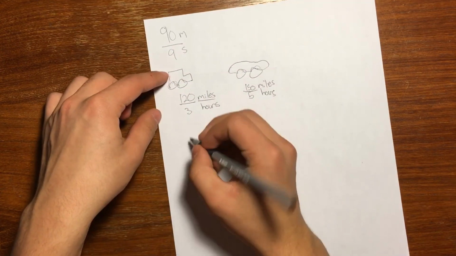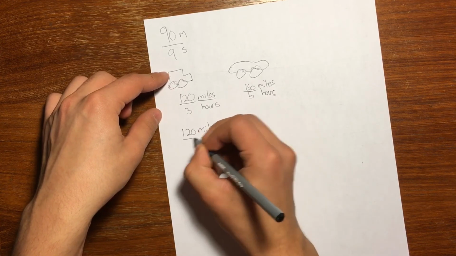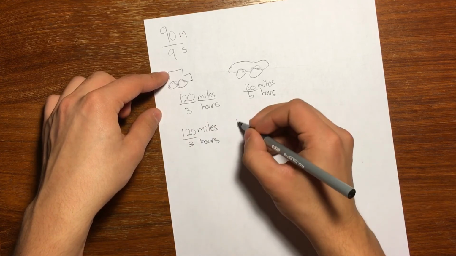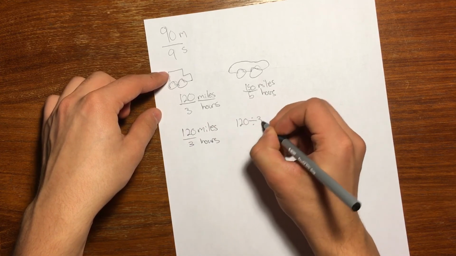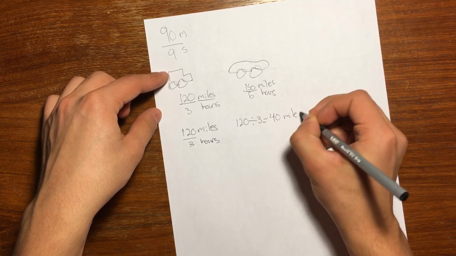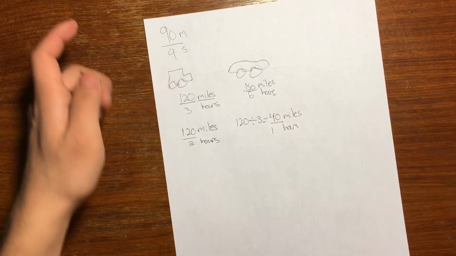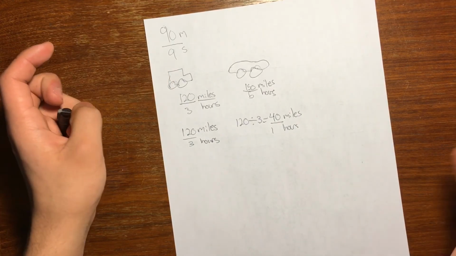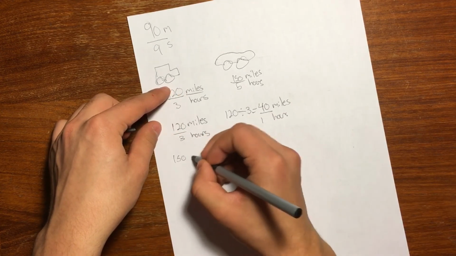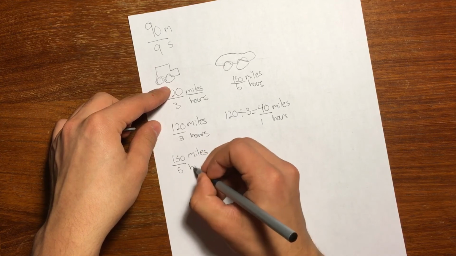So here you have the 120 miles, 3 hours. You would divide 120 by 3, which would equal 40 miles per 1 hour. So that would be your new rate. And then the next one would be 150 miles per 5 hours.